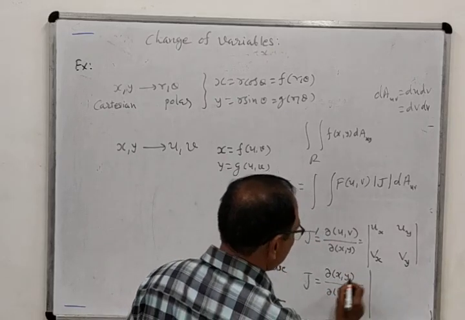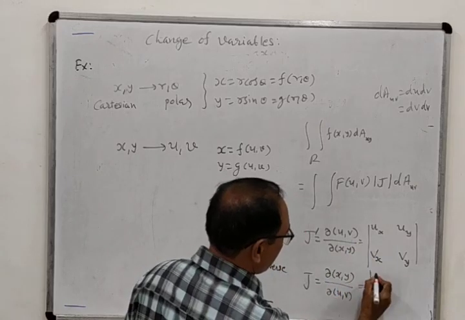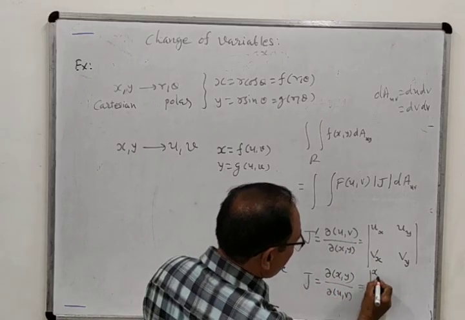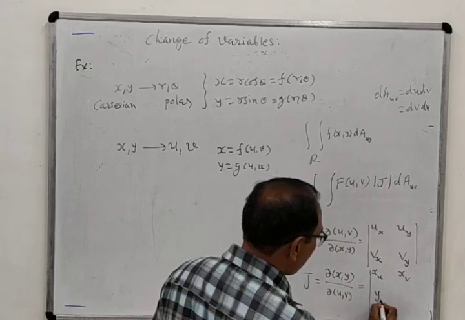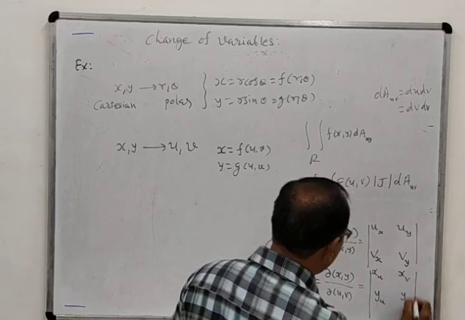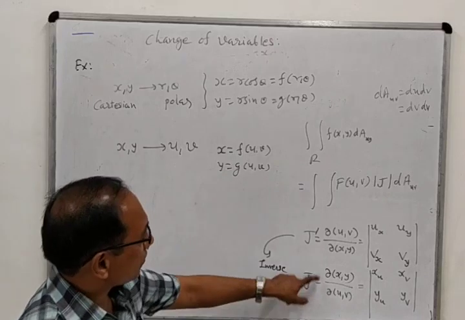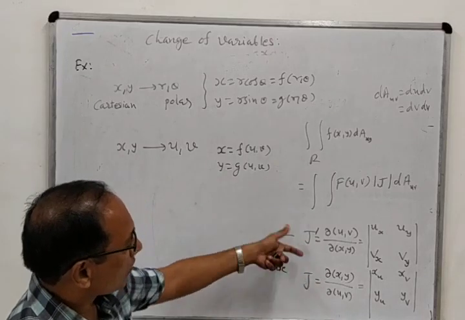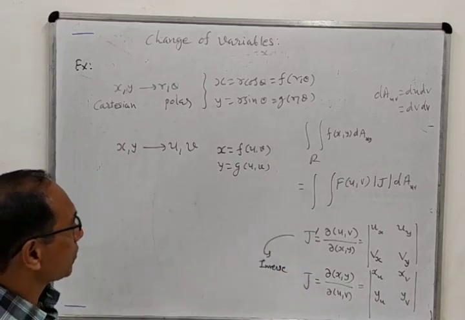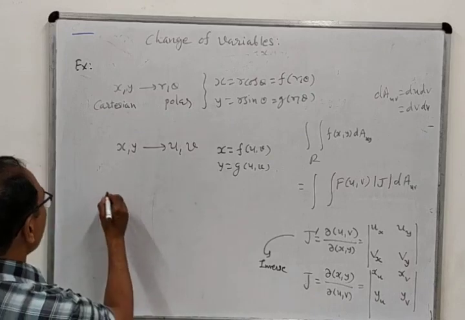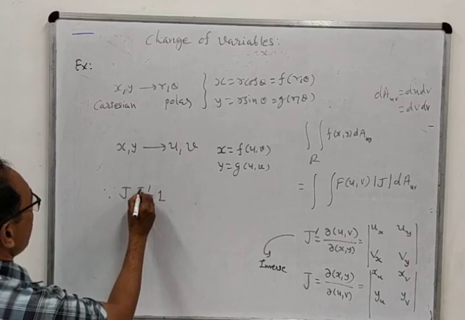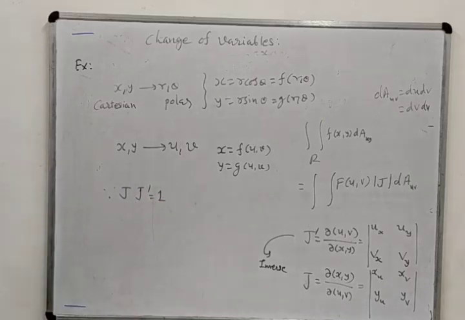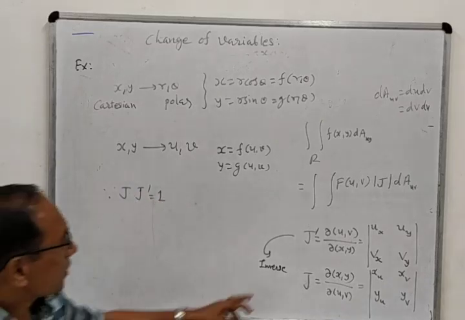This is written in the same kind of way: the derivative of x with respect to u and derivative of x with respect to v, derivative of y with respect to u and derivative of y with respect to v. So you must remember J is this one and J' is its inverse. Both are inverses to each other, because J into J' is always equal to 1. So both are very much useful to remember.